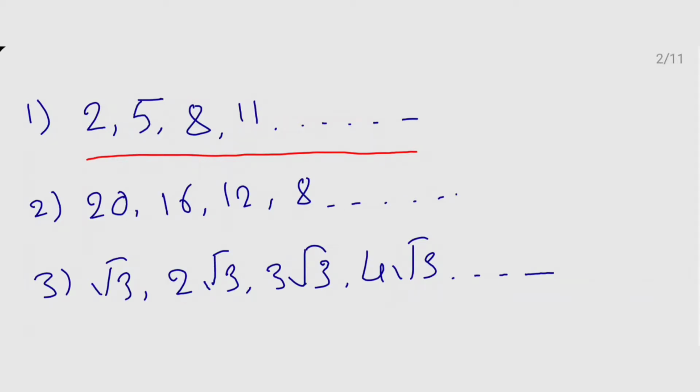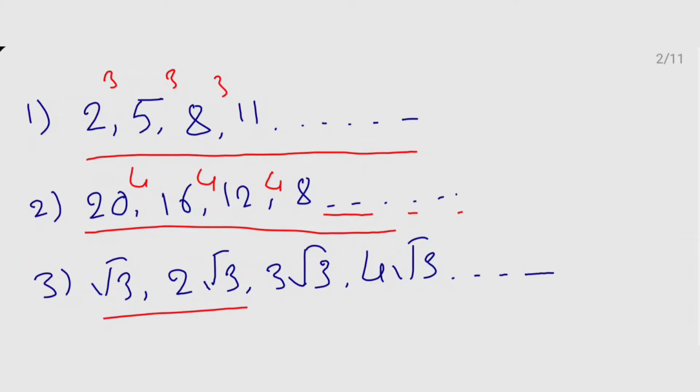See here, 2 plus 3 is 5, 5 plus 3 is 8, 8 plus 3 is 11, and so on. In the second, each successor number is obtained by subtracting 4 from the previous number. So 20 minus 4 is 16, 16 minus 4 is 12, 12 minus 4 is 8, and so on. Is it clear?